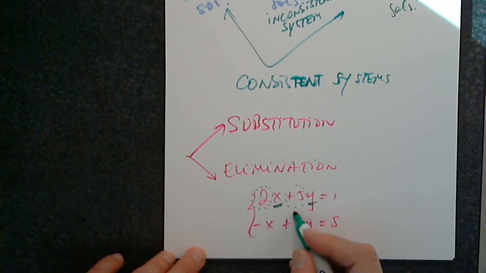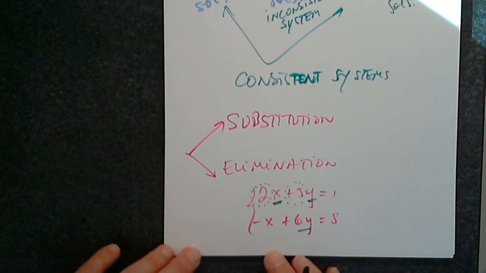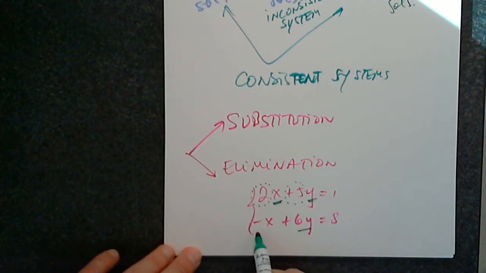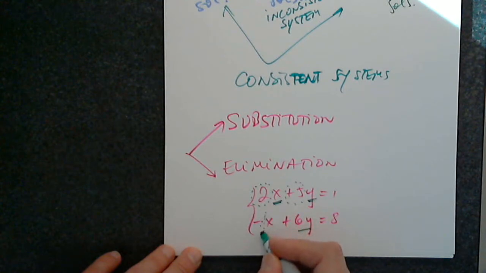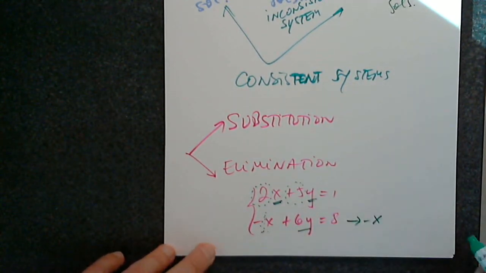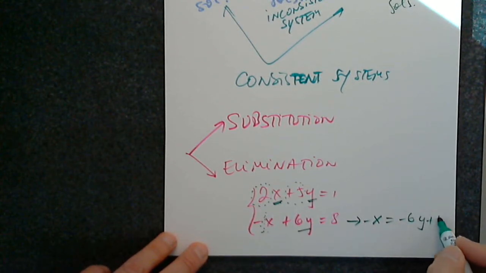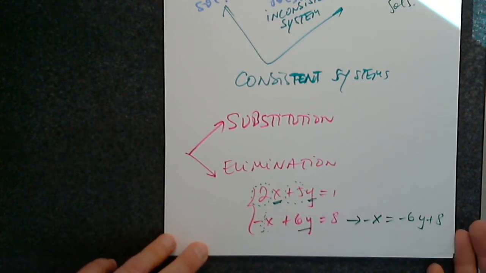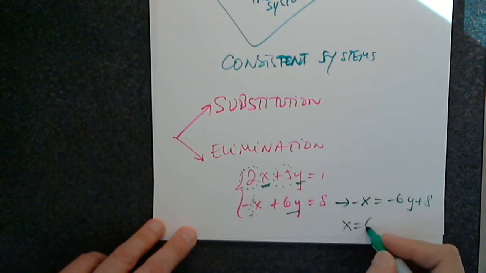I will not solve it for this y because the coefficient is not 1, or for this y because the coefficient is 6, but I will solve the equation for x because the coefficient is either 1 or negative 1. So from here I will write negative x equals negative 6y plus 8, and of course I will multiply both sides by negative 1 and get this.